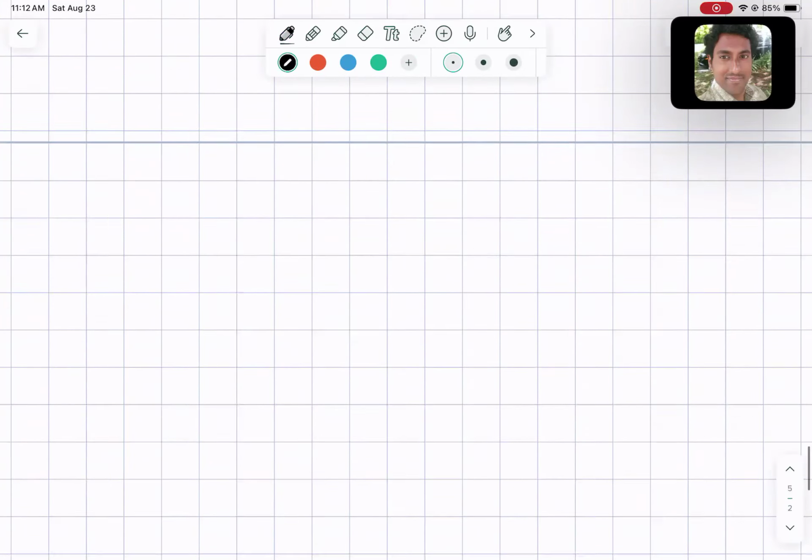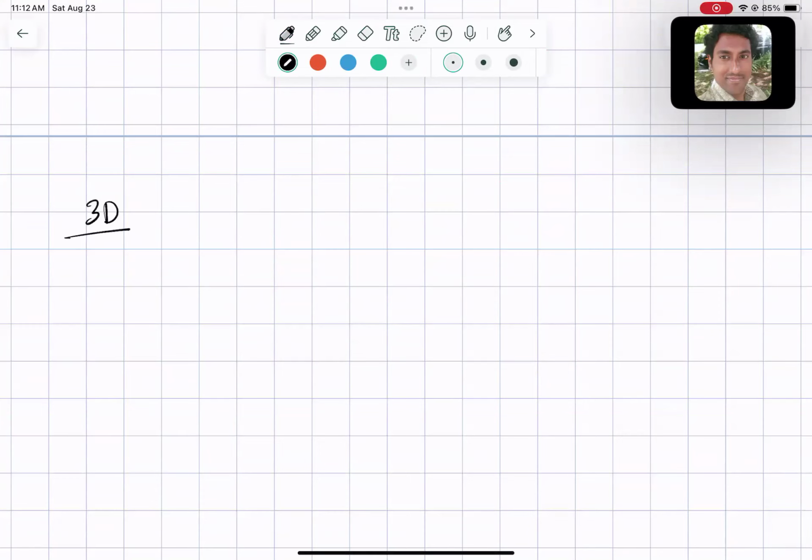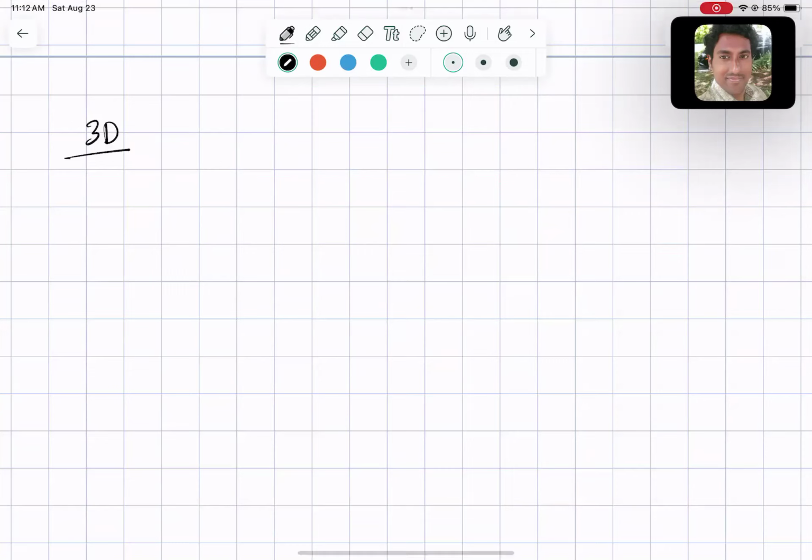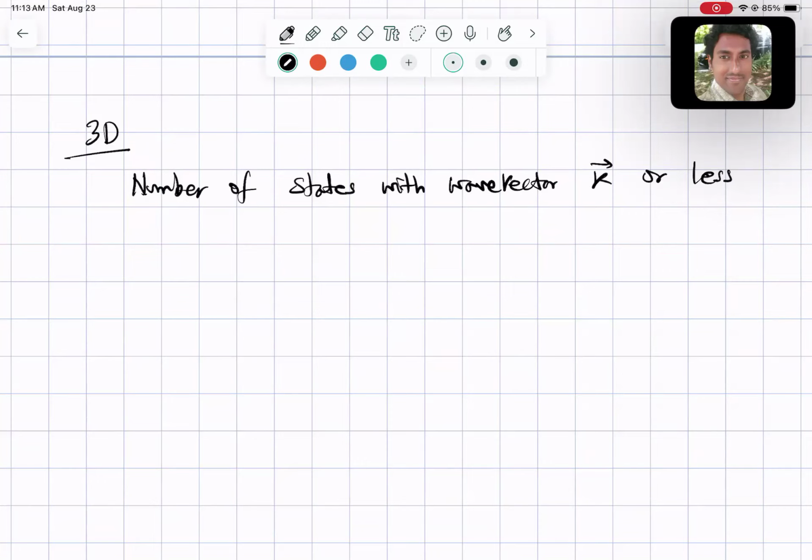Let's consider the 3D case. We want the number of states with wave vector k or less. There could be a lot of different wave vectors, meaning their magnitudes can be different. So all those wave vectors whose magnitude is k or less, we consider only those wave vectors.